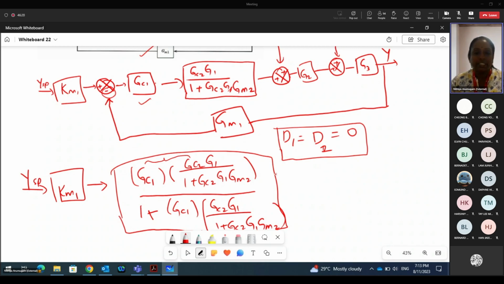So that is the case, we will be excluding the blocks that introduce the disturbance. Since there's no disturbance, there's no necessity to have the transfer functions for G2 and G3. So this will be my Y.